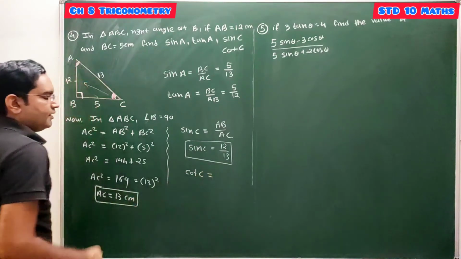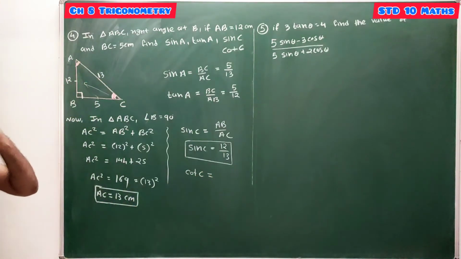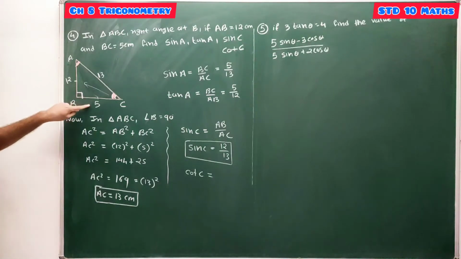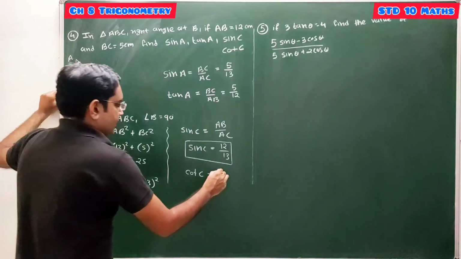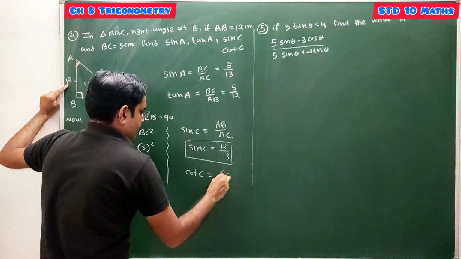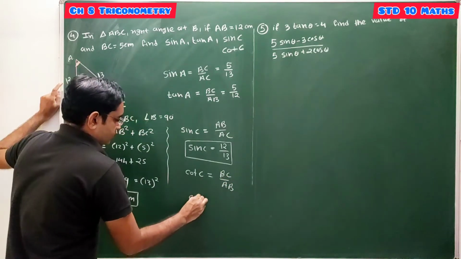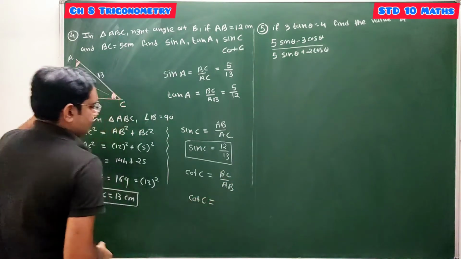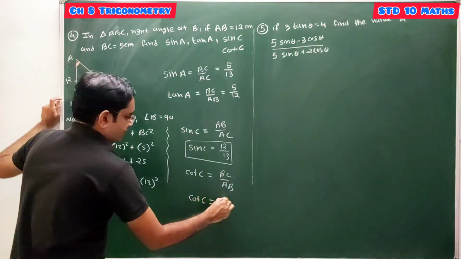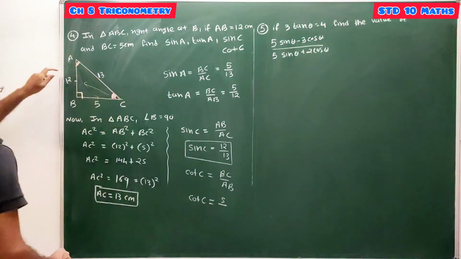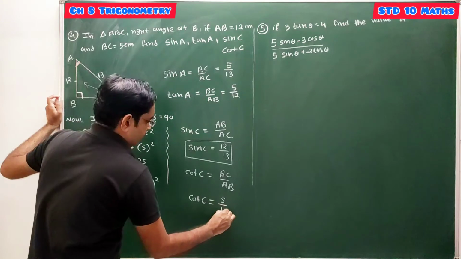Cot is the reciprocal of tan. So what is tan? It's opposite side by adjacent side. Opposite side by adjacent. Reciprocal is adjacent by opposite. So it's BC by AB, and therefore our cot C is BC 5, AB 12, 5 by 12.